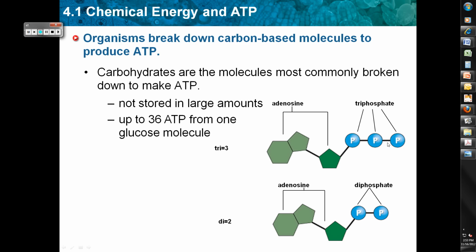So of course, as soon as you cut that last bond, boom, there's a whole bunch of energy available in your cell. This ADP is not quite as unstable as this ATP. So that's why we call this a recharged battery for your cell, because there's so much energy that went into that last bond.